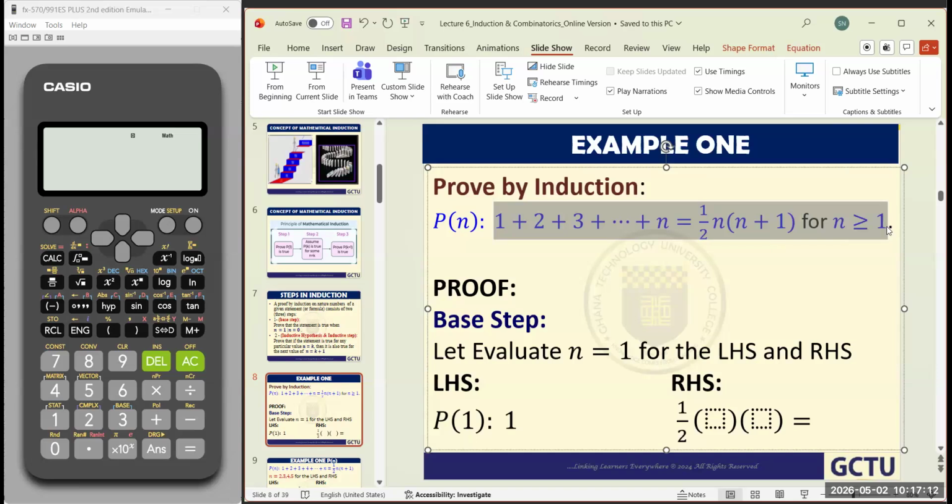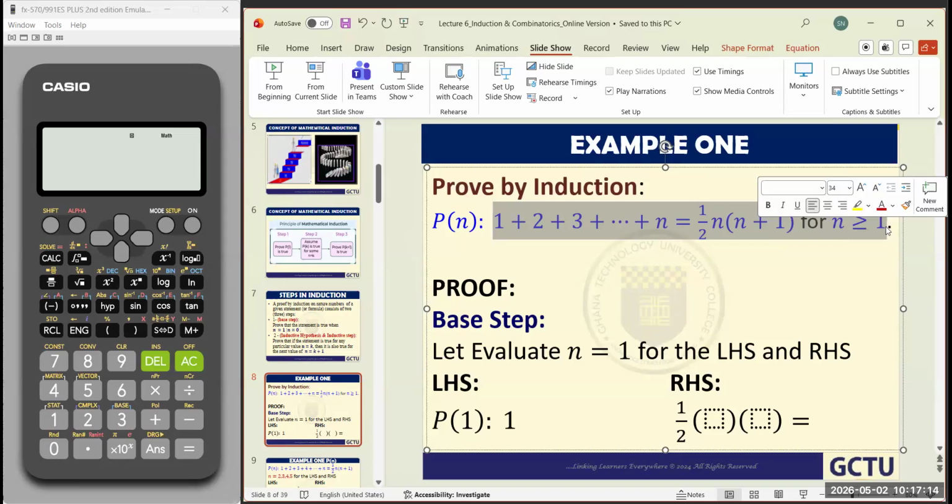Now, you know that when you say n is greater than or equal to 1, that means that you're talking about natural numbers. So we are saying that this addition of natural numbers, 1 added to the next number, added to the next number, all the way up to some n, can we use the formula half into brackets n plus 1? Is it true? Well, can we use that to prove that?